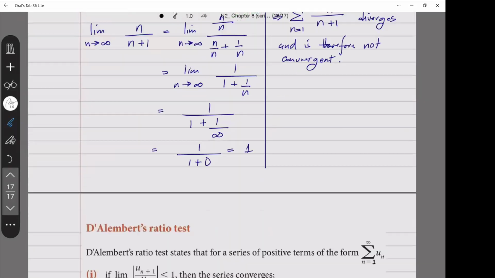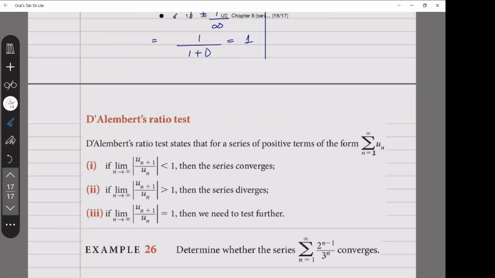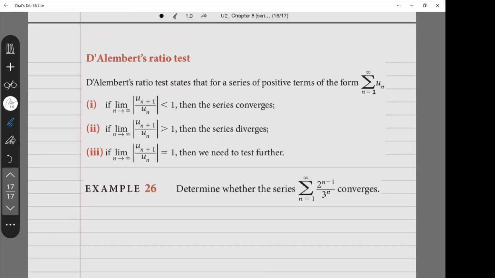So next, we're going to look at D'Alembert's ratio test.